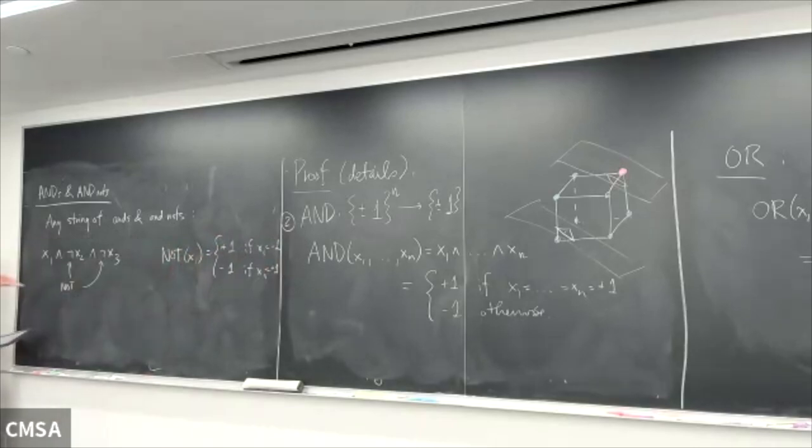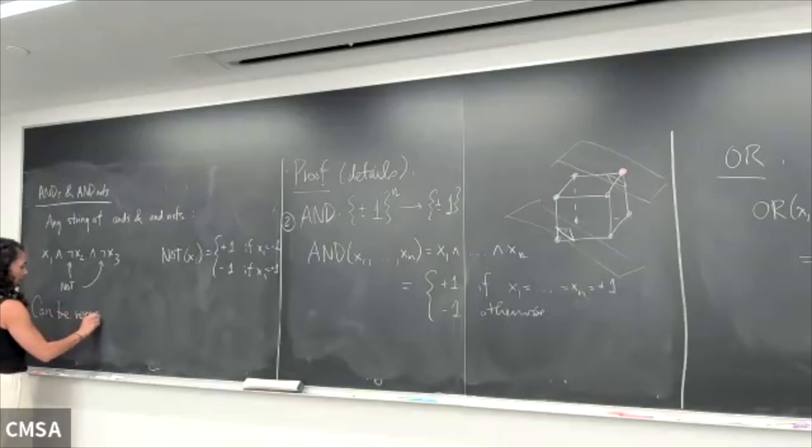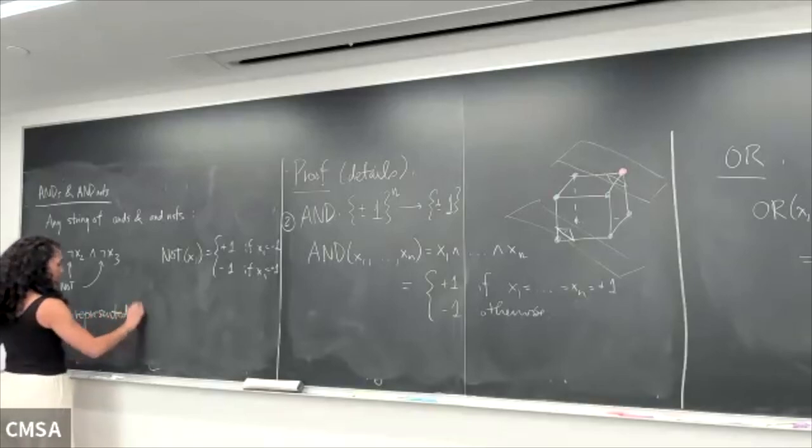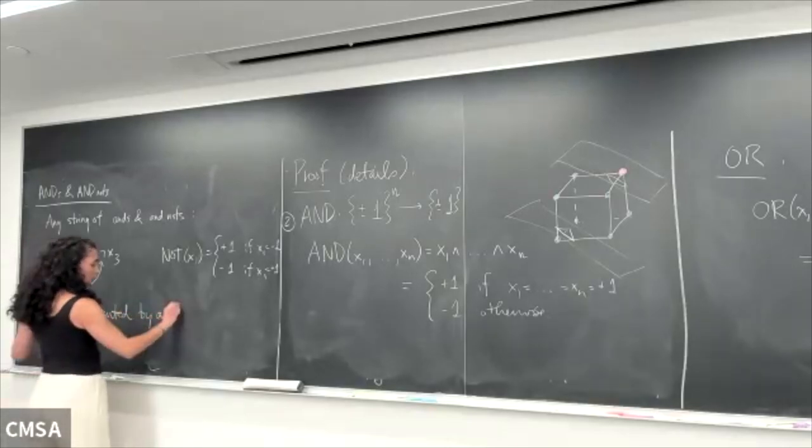Okay, so any string like this is again just +1 on a single vertex of the Hamming cube, and so can be represented by a depth 1 sign NN.